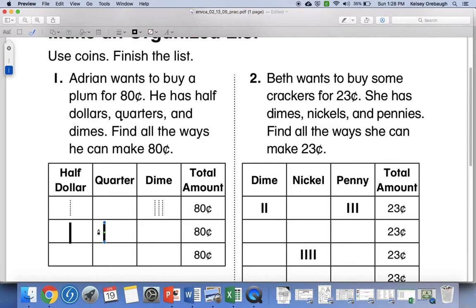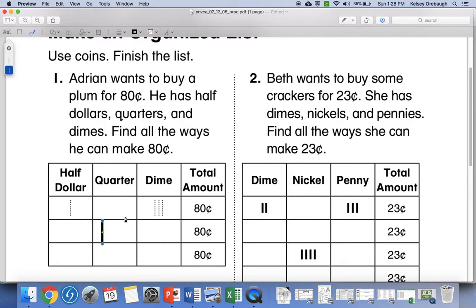I will go over the amount using those coins because my only other option would be to add another half dollar, to add another quarter, or to add another dime, and any of those options will put us over the amount. Okay? So I'm going to delete those choices, and instead of starting with a half dollar, this time I'm going to start with a quarter.